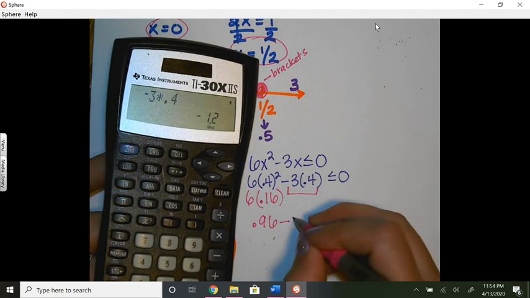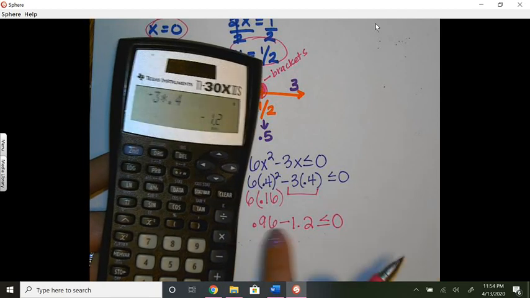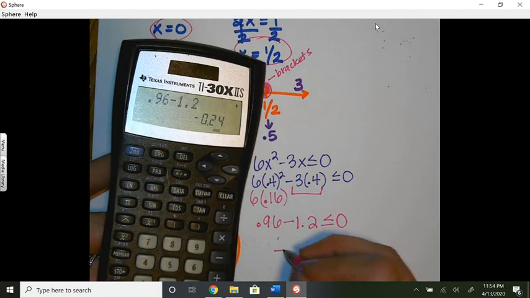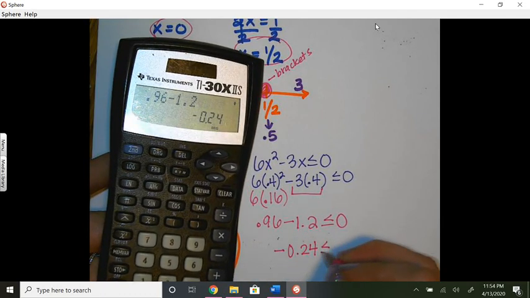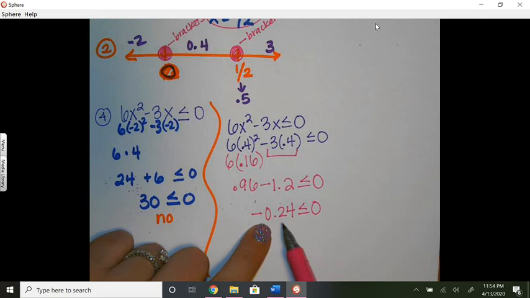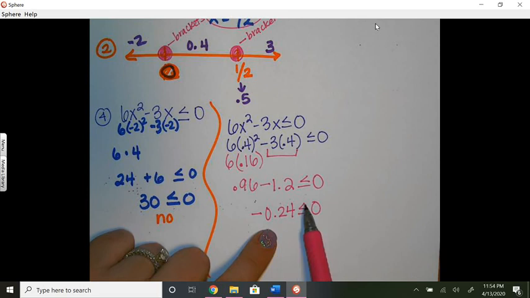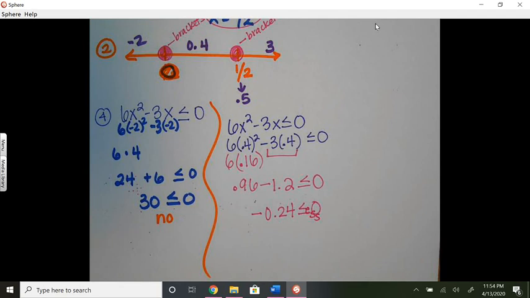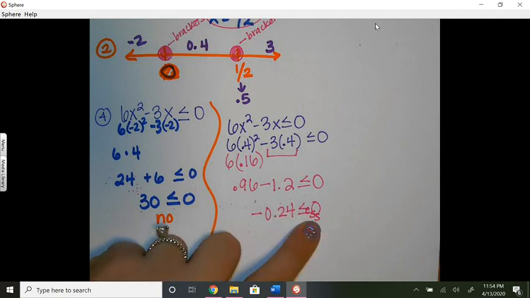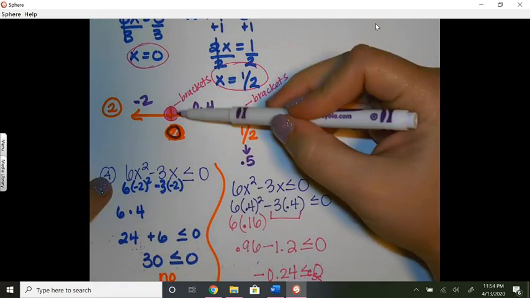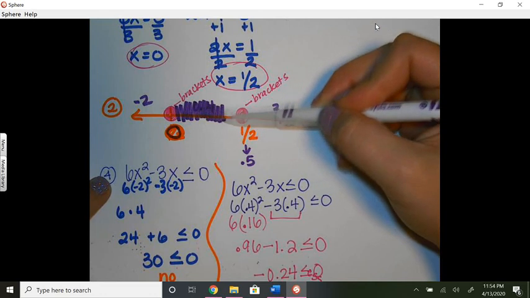That's negative 1.2. And then we have 0.96 minus 1.2, and we get negative 0.24. Again, your work might be different if you had picked a different number here. So now we read this. Is negative 0.24 less than 0? Of course, negatives are all less than 0. So this is yes, it works. So that means that we are going to shade everything here in between.